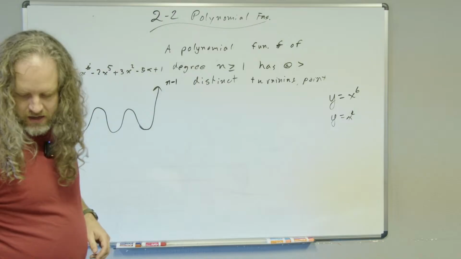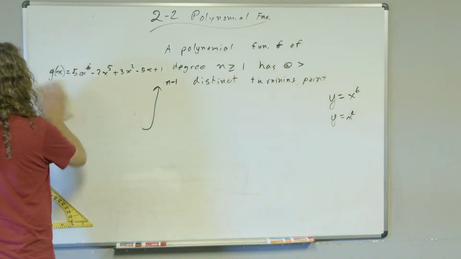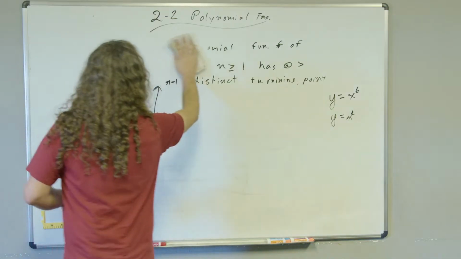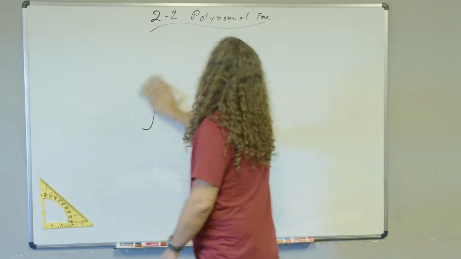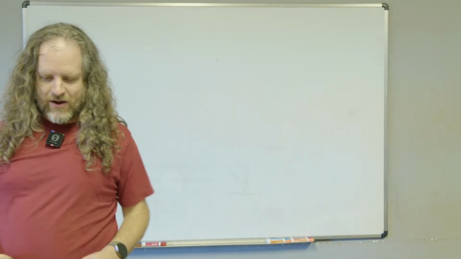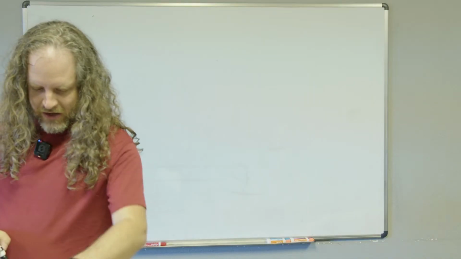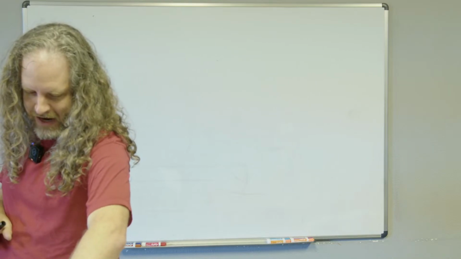Should auto zoom better? Now, we already reminded ourselves in the last unit how to find the zeros of a quadratic function. We need to remember how to find the zeros of a polynomial function.